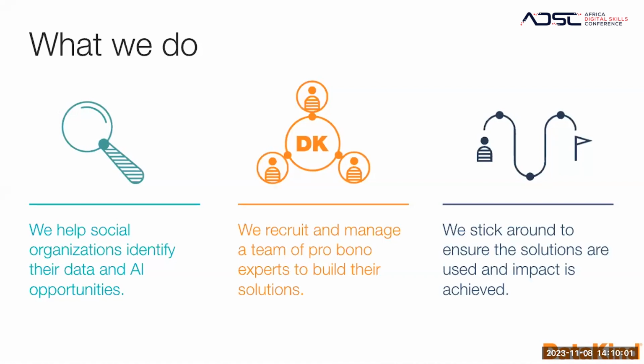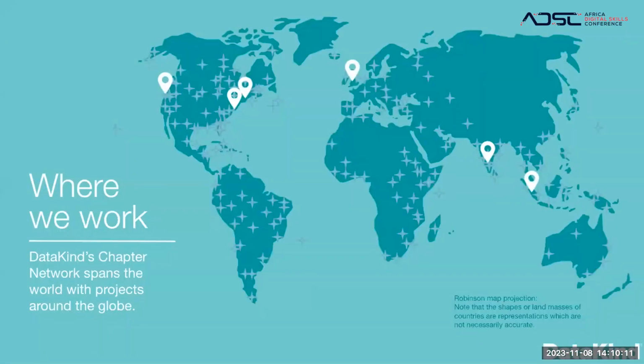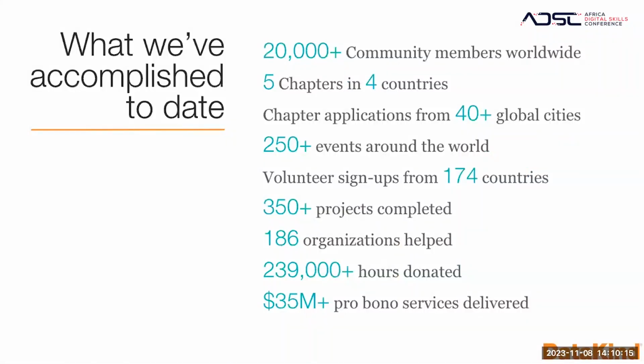And finally, we stick around to ensure the solutions are used and that the impact, the goal, is really achieved. And we're there for the long haul with our partners. We work around the globe. We recently had a data dive in Nairobi this summer, and we've done a lot over the last decade that we've been in existence.